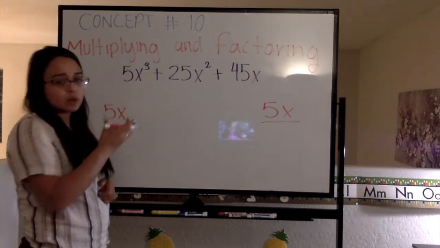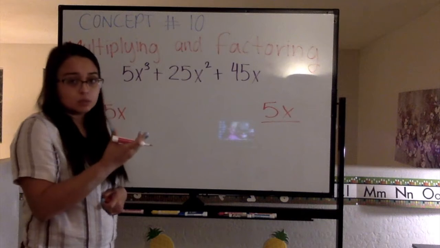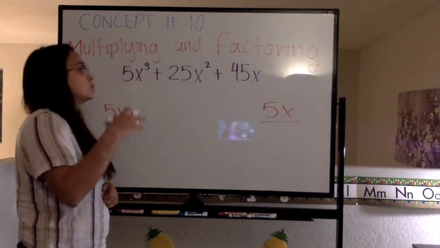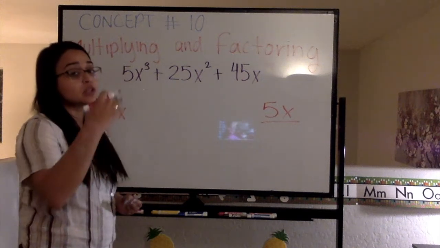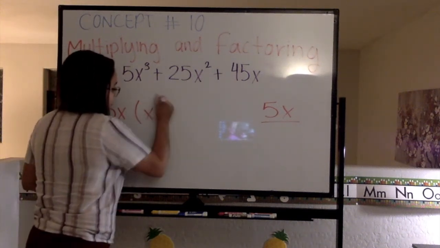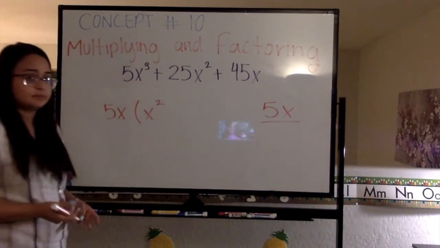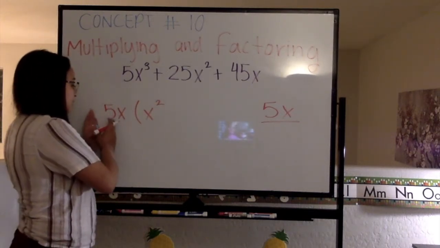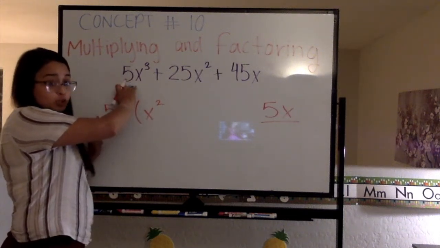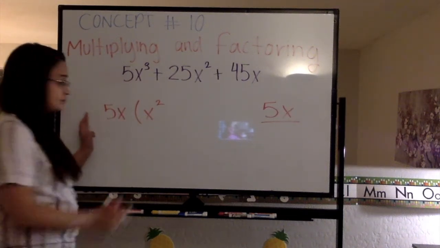What times 5x is going to equal 5x to the third power? X squared. Because when you multiply 5x times x squared, you get 5x cubed. Okay?